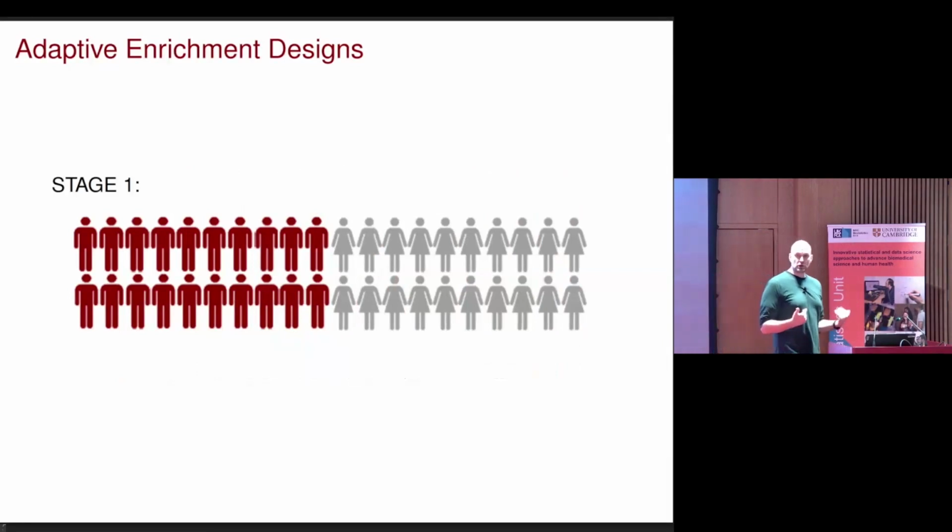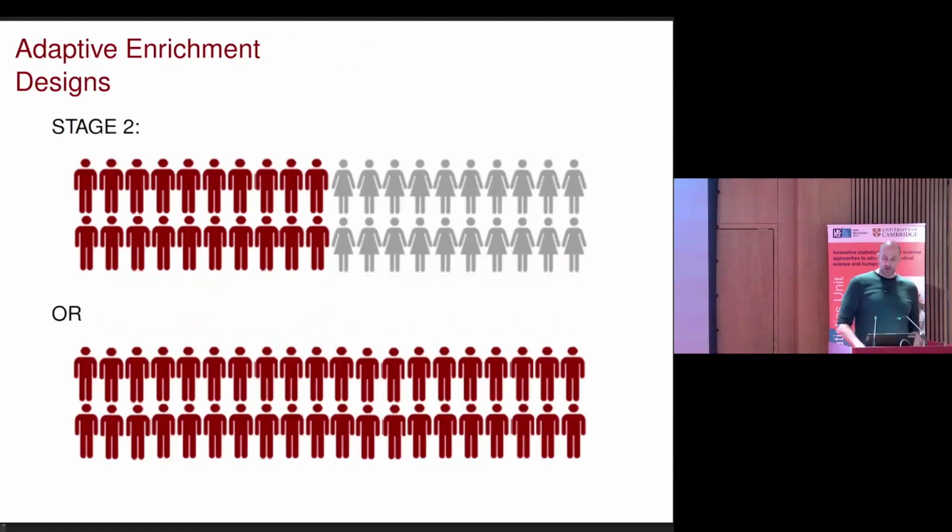And then, depending on how promising results are at the interim analysis or at interim analyses, I'm going to either continue recruiting everyone, because there's promise that this treatment helps both biomarker positive and biomarker negative patients, or, as illustrated here at the bottom, maybe it turns out the benefit in females isn't large enough to warrant continuing, and therefore I'm focusing in on the group that I think has the best chance of benefiting from that treatment.